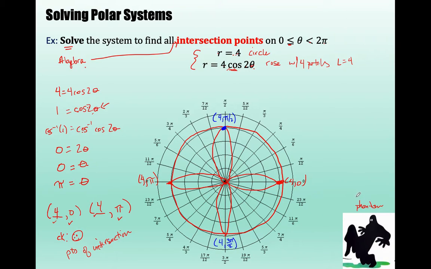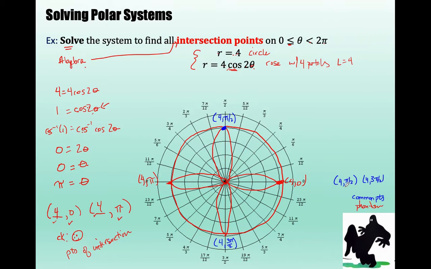So phantom points are your common points. And our common points were right there.